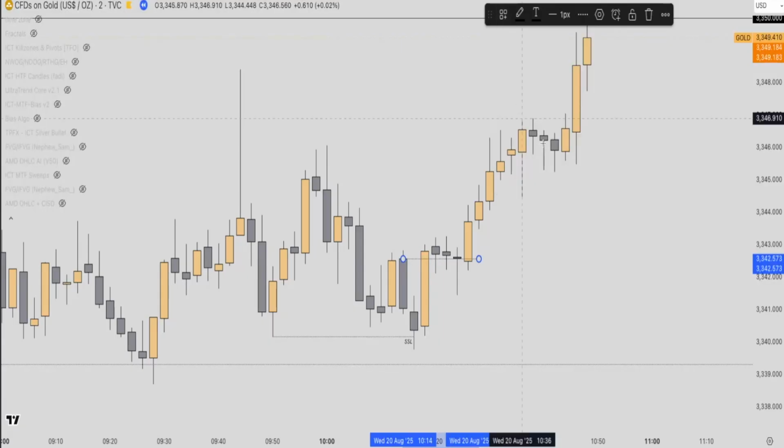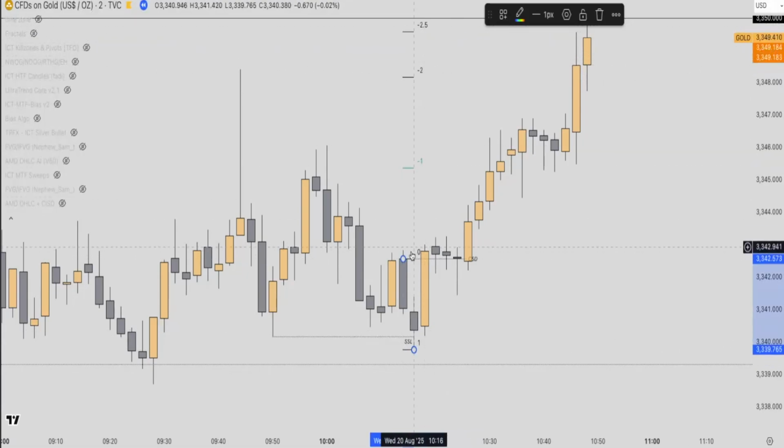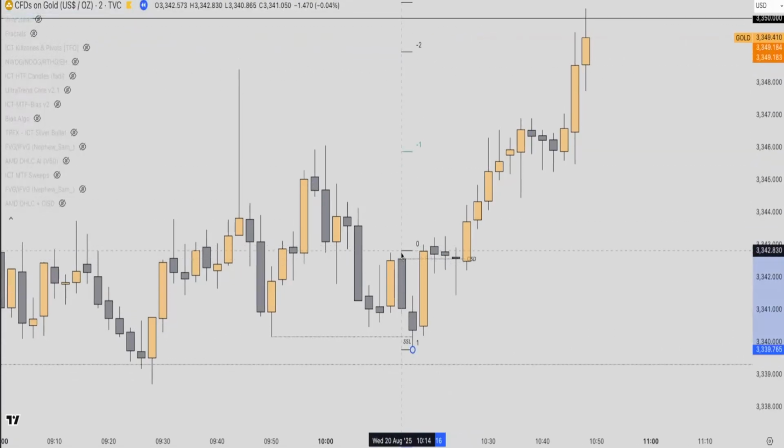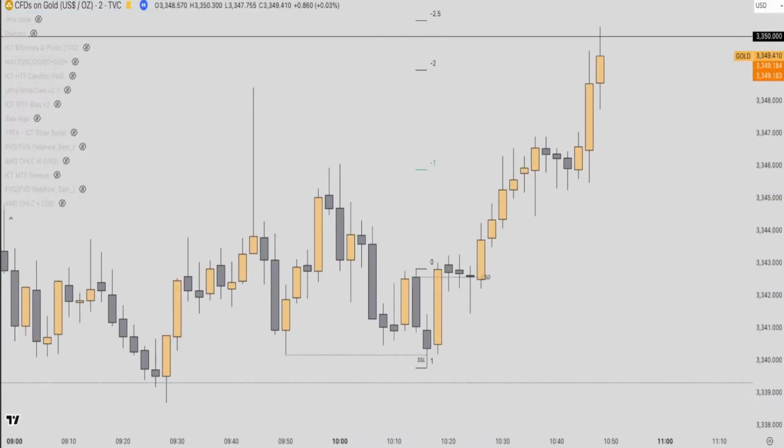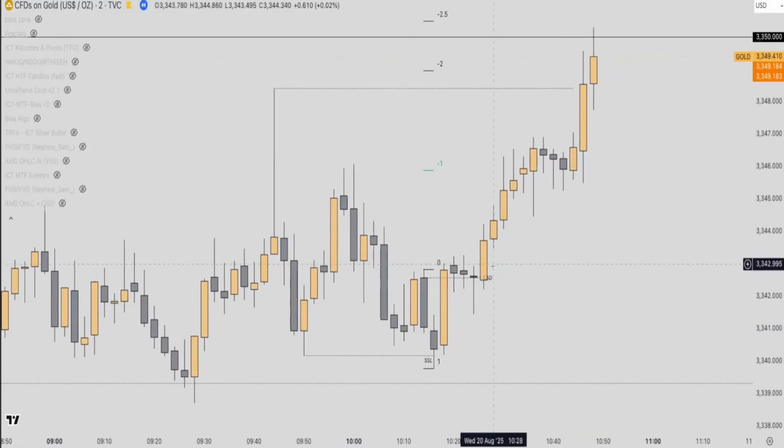And to make it even better, probably using the standard deviation projection, knowing where to target, right? Our zone. So basically targeting somewhere above these highs, right? Wouldn't it be cool for an ICT indicator to do that?